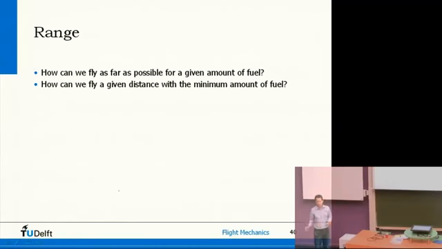Normally speaking, you would say, I want to fly from Amsterdam to New York. So then the distance is given. But the same problem is basically saying, if the distance is given, I want to fly with the least amount of fuel. Because that's the same thing as saying with a given amount of fuel, I want to fly as far as I can. So this is the problem we're going to look at.